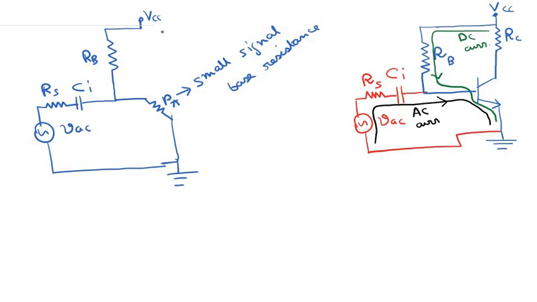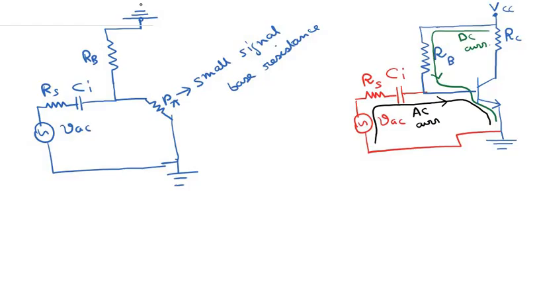Since this DC voltage source VCC cannot give rise to AC current, it is as good as a ground to the AC, because the function of a voltage source is to create current. A voltage source basically induces a current flow through the circuit. A DC voltage source cannot induce an AC current flow through the circuit.